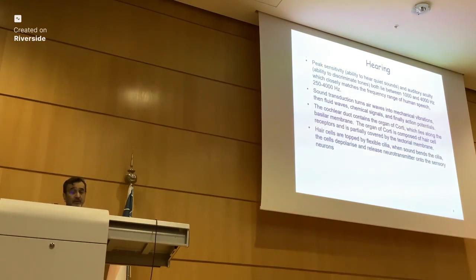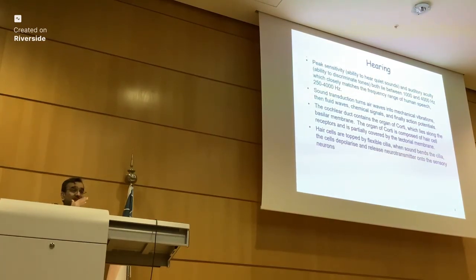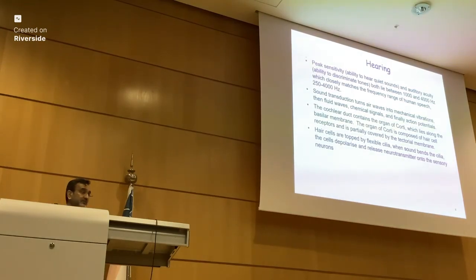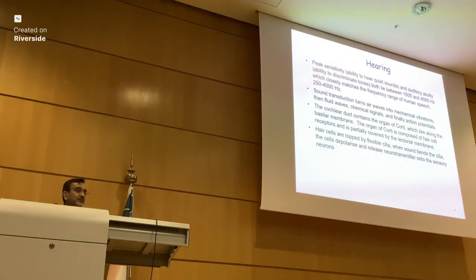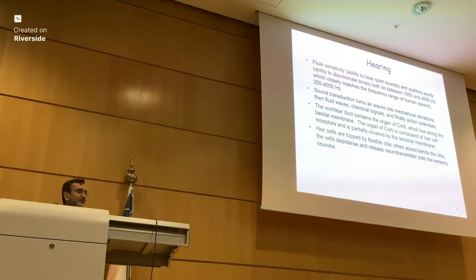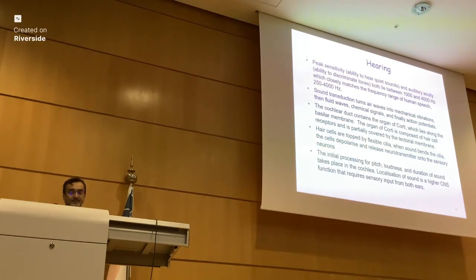In the organ of Corti, we have hair cells with flexible stereocilia which beat, and the beating of these stereocilia results in depolarization of these cells and neurotransmitter release. In the central nervous system, the excitatory neurotransmitter is glutamate. Okay, so unless somebody tells you anything else, in the central nervous system, the excitatory neurotransmitter is glutamate.